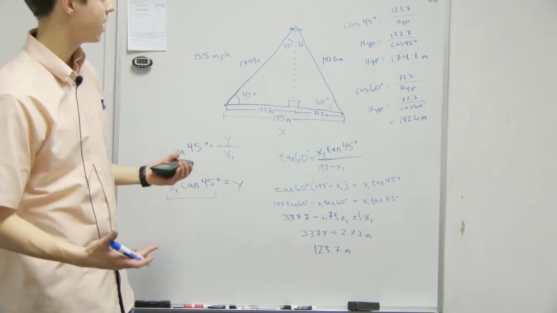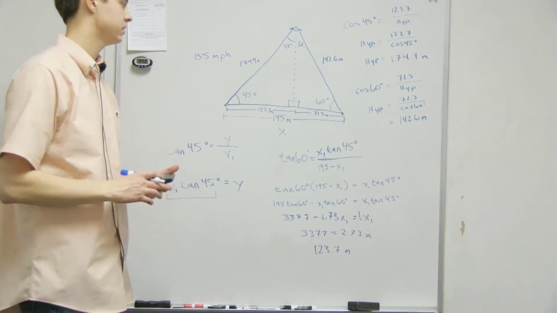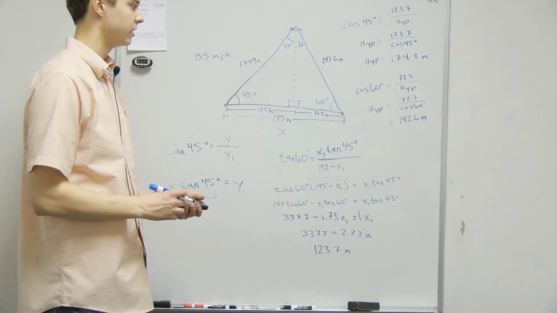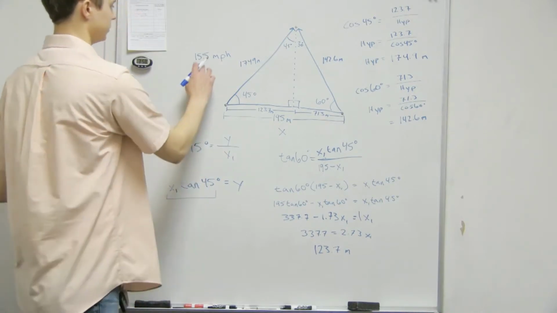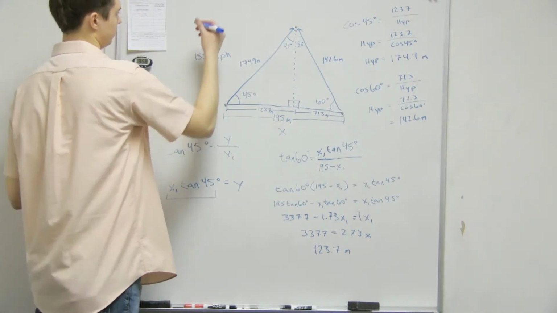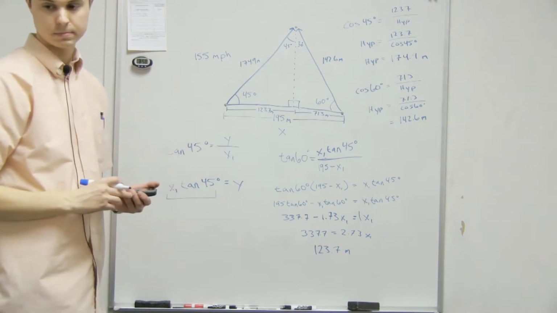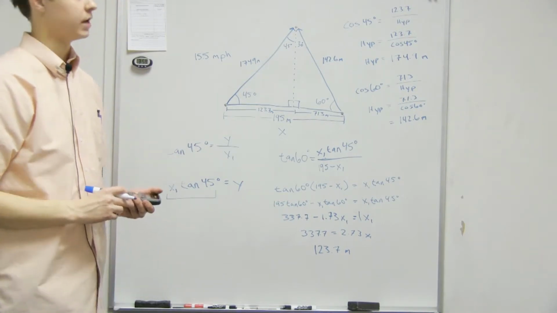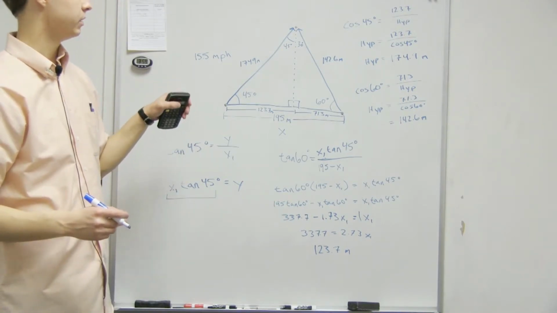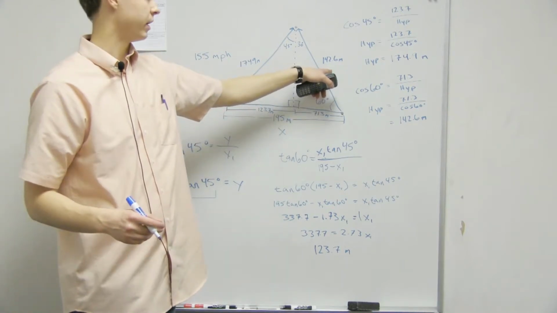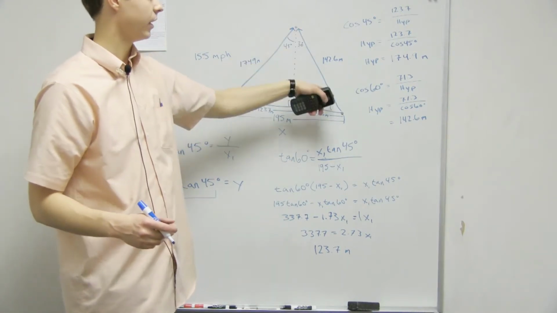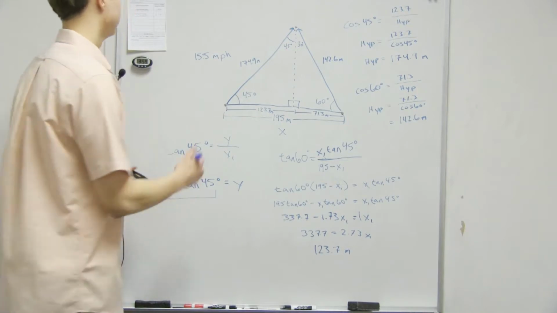I'd say it's better practice to convert into meters because that's standard units. We don't use miles very often in physics. It's asking for miles per hour though, so at our very last step we'll get meters per second for the speed over here, and then we'll just have to convert to miles per hour. Okay.